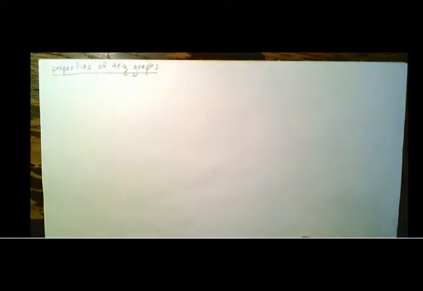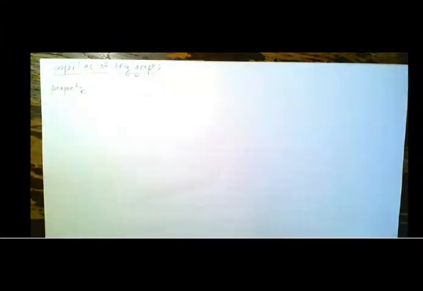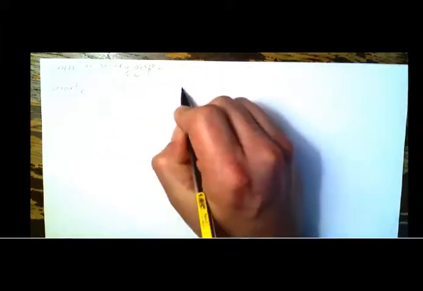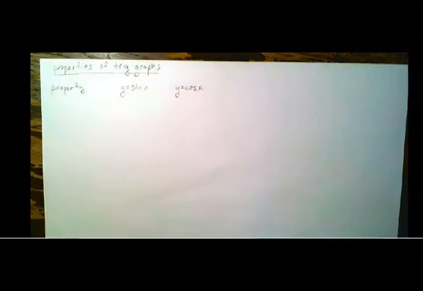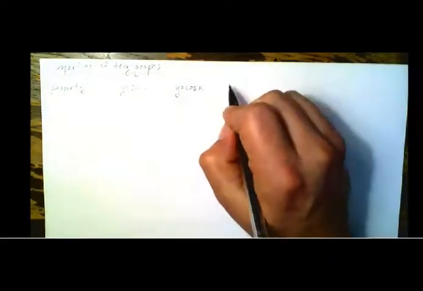So I'm going to make a few columns here. The first one will be the property. And then we'll look at various functions. So let's say y equals sine x is one, y equals cosine x. And then I'm just going to fill in the rest of them. We'll take care of those in subsequent video lectures, okay?